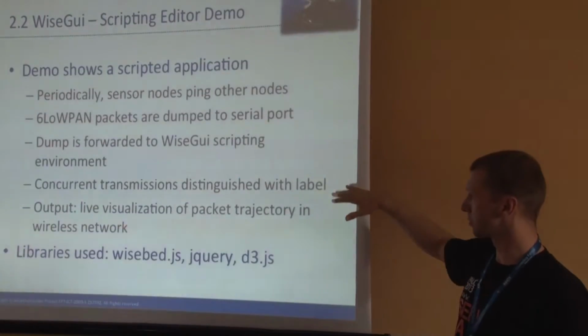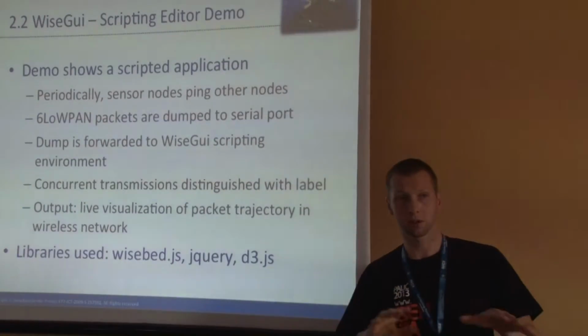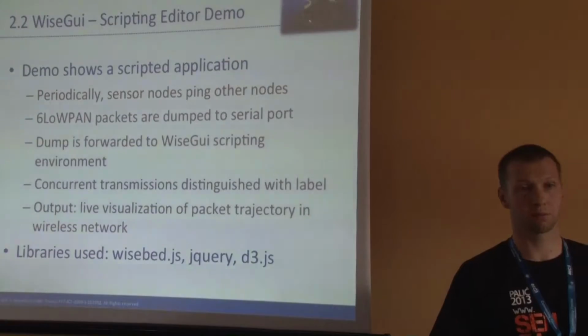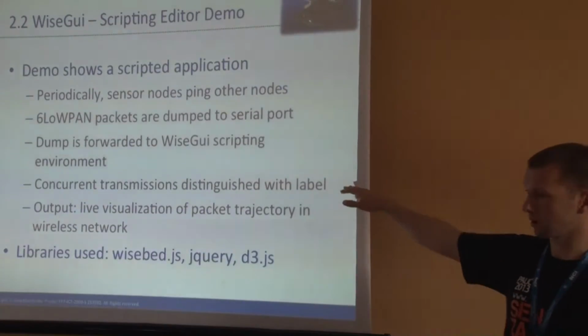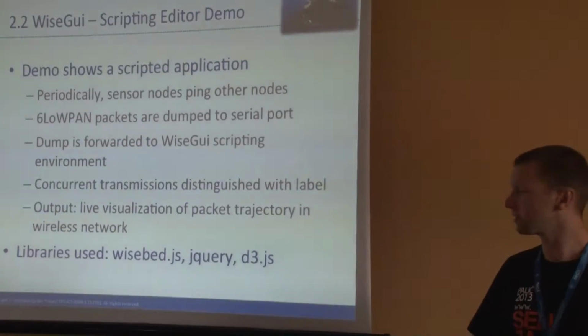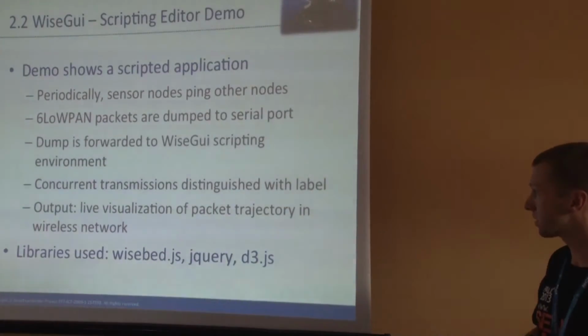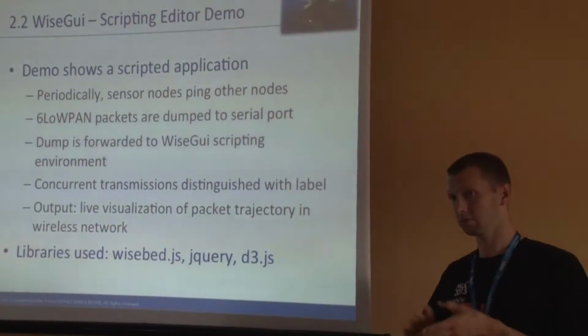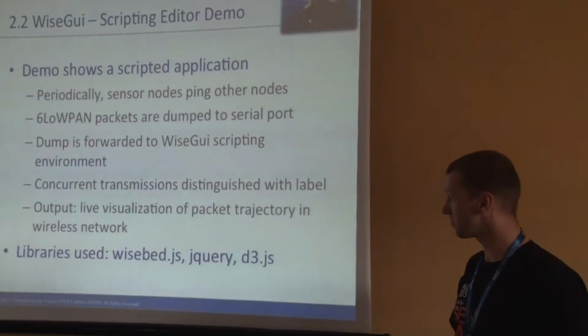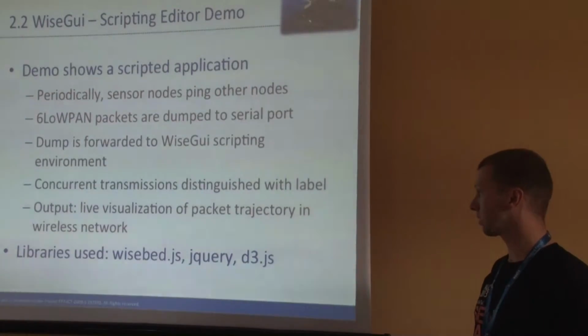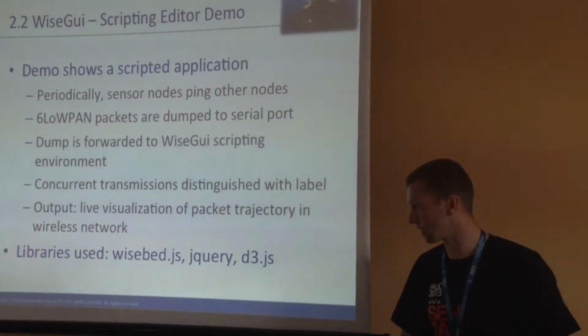Also, in order to distinguish several concurrent transmissions of pings, we inserted some kind of label so we can distinguish them. And the target was a live, so basically real-time visualization of the packet trajectory in the wireless network.